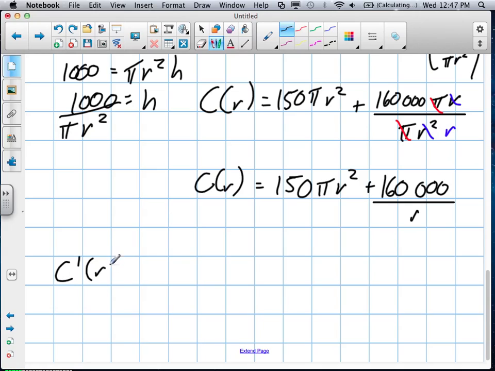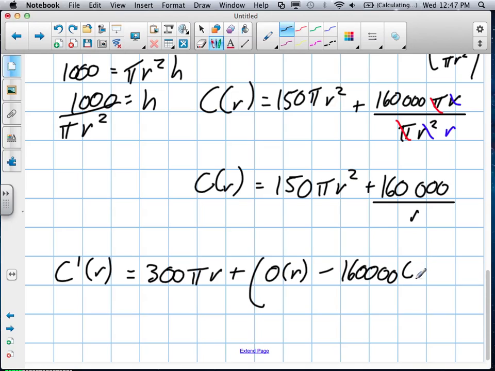C prime r is equal to 300 pi r. And because this is a division, we can use our quotient rule to solve this. Okay? So plus quotient, we find a derivative of 160,000. Well, that's going to be 0 times r, subtract the original 160,000 times the derivative of the bottom, which is 1, divided by the bottom squared, r squared.